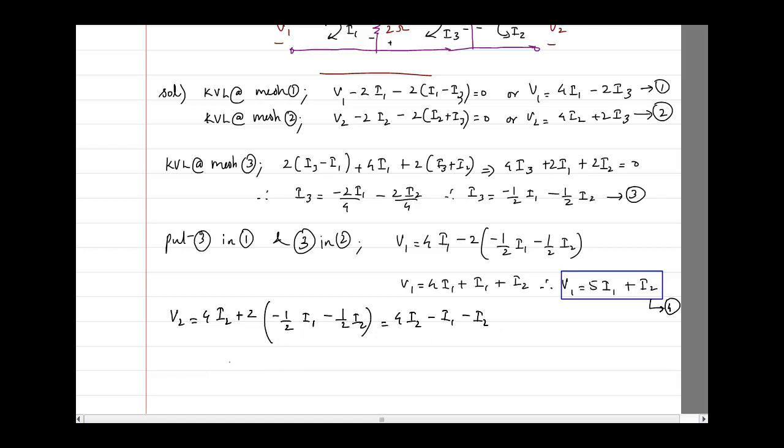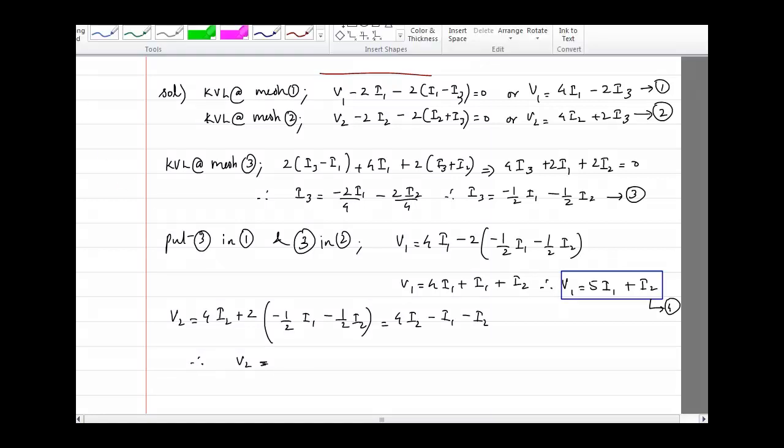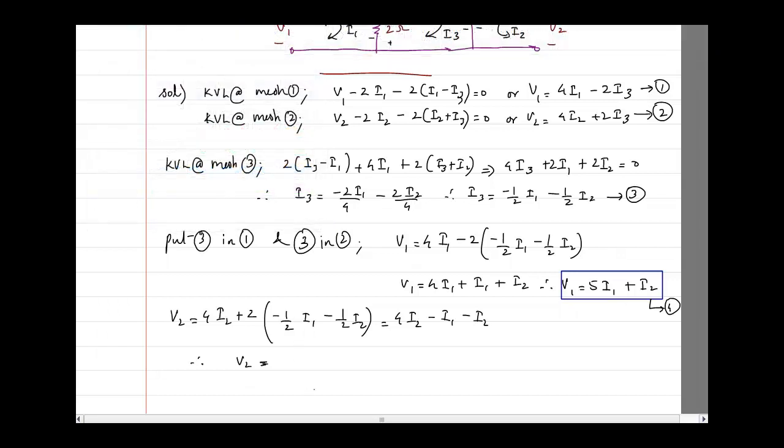Therefore, I will get V2 is equal to 3I2 minus I1. Or I can rearrange and write minus I1 plus 3I2, because I want to write I1 terms first.